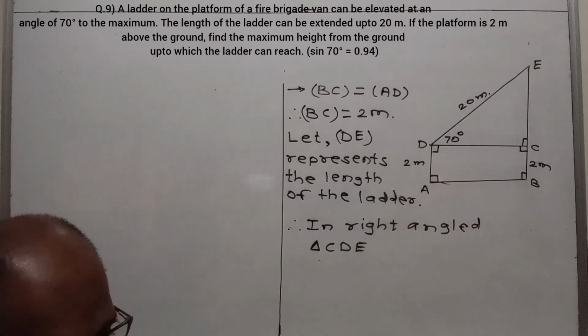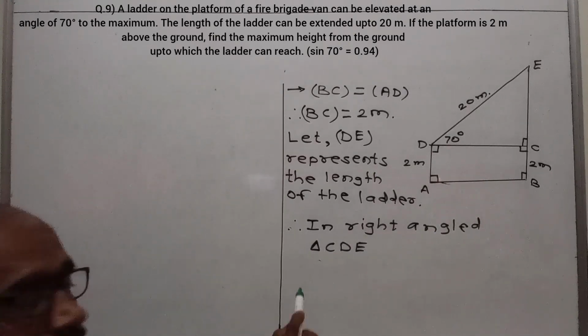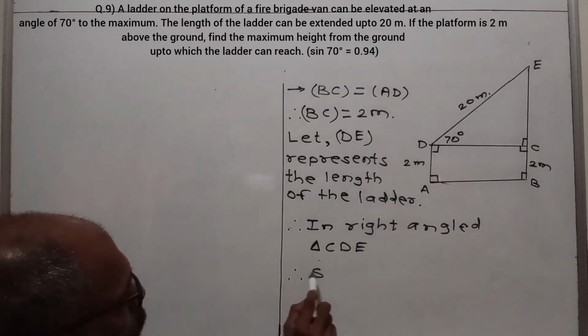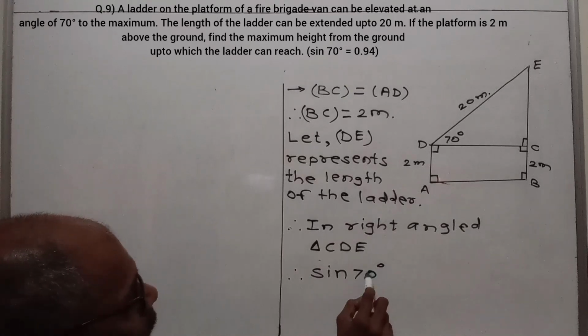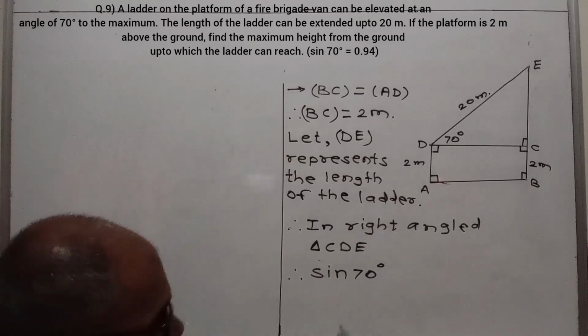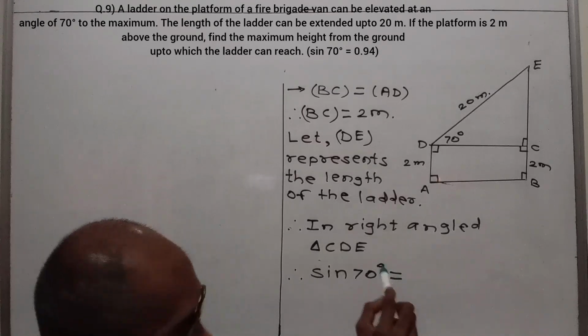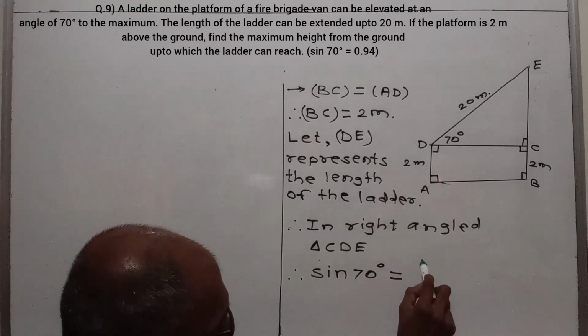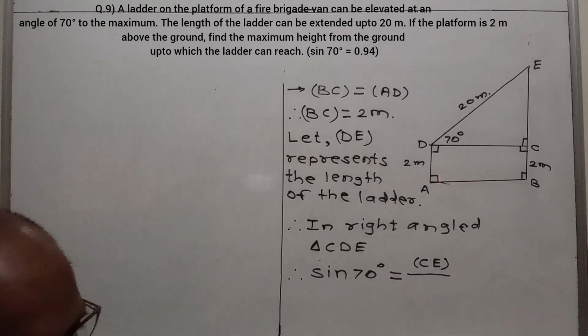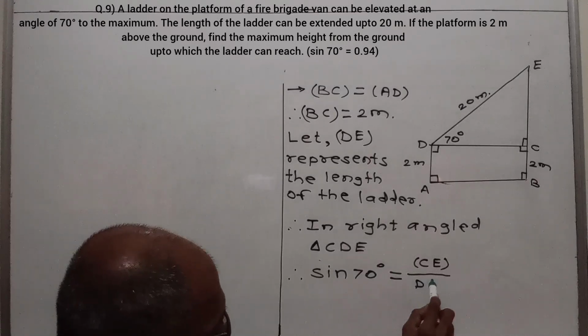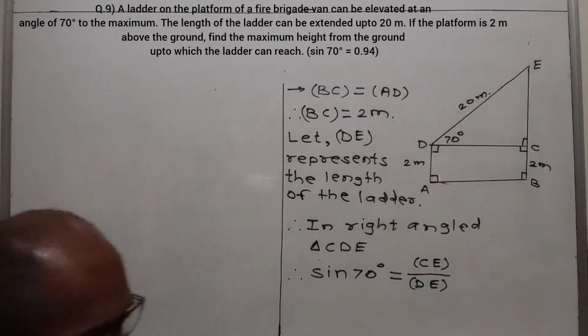Means we know the value of the hypotenuse and we want to find the length of the opposite side of angle 70 degree. Then we use which trigonometric ratio? Sine 70 degree, because we have given the value of sine 70 degree. Sine 70 degree is equal to the opposite side of angle 70 degree upon the hypotenuse DE. Did you get it?